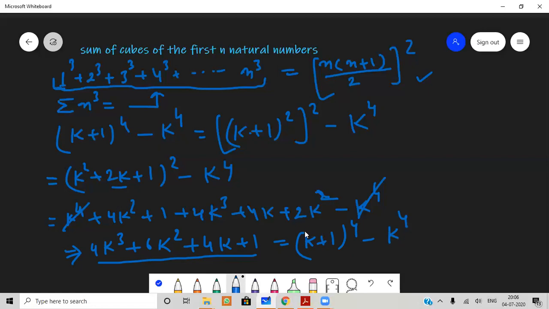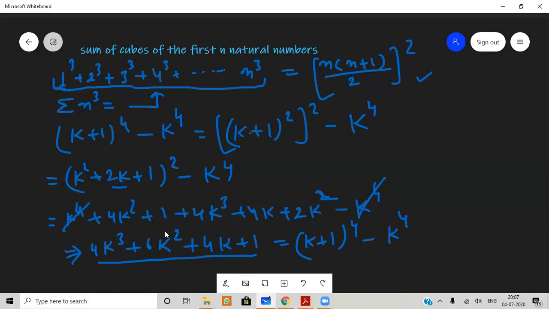So let us put in natural numbers, because we want to find the sum of cubes of the natural numbers. If I put the value of k here as 1, 2, 3, till n, I get a kind of sequence of 1 cubed, 2 cubed, 3 cubed and so on, right?